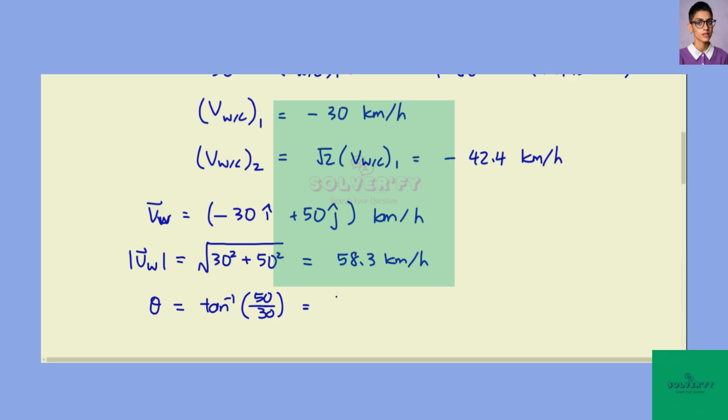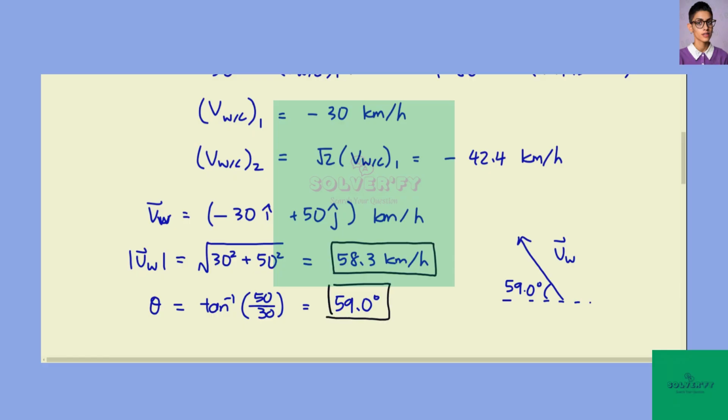This is equal to 59.0 degrees. So the arrow looks like this, and this is 59 degrees. So this is the magnitude and the direction, and that's all.